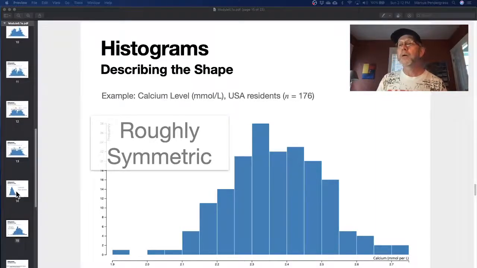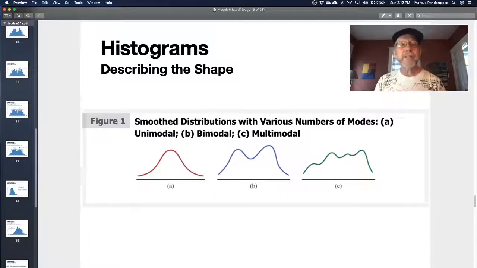The text takes us through several types of distributions, and we're summarizing them here with these smoothed curves. We're going to call these density curves going forward. A symmetric unimodal distribution would be something like A here. Here's a bimodal distribution.